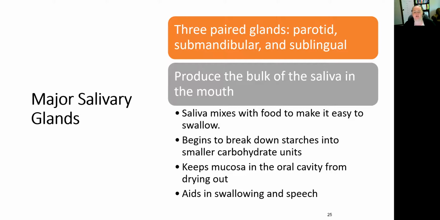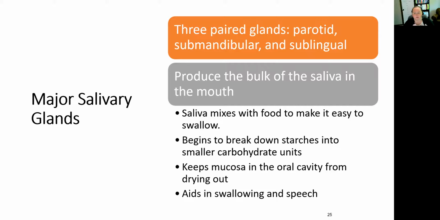All right, our major salivary glands, three paired glands, parotid, submandibular, sublingual. Now their locations are important because when you guys go in to do the intraoral and extraoral exam, you need to know where each of these is located because you need to check and see, is it nice and soft or is it full and hard, okay? So they do produce the bulk of the saliva in the mouth.